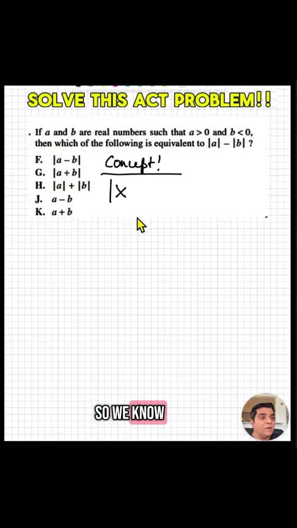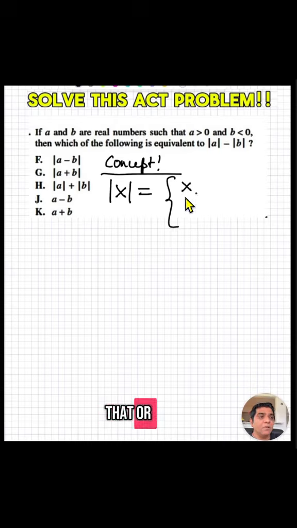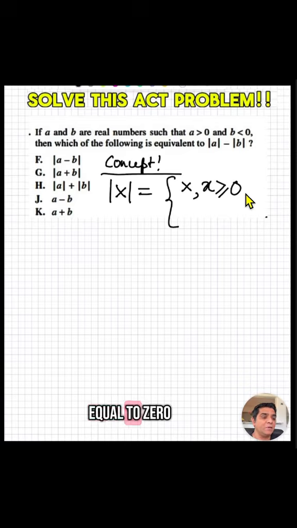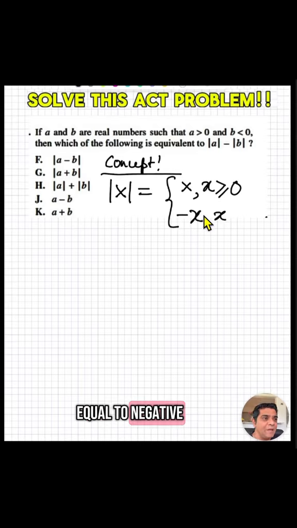So we know that the absolute value of x has two different possibilities. It is positive x if x is greater than or equal to 0, right? Also, there is another possibility: the absolute value of x is equal to negative x if x is less than 0.